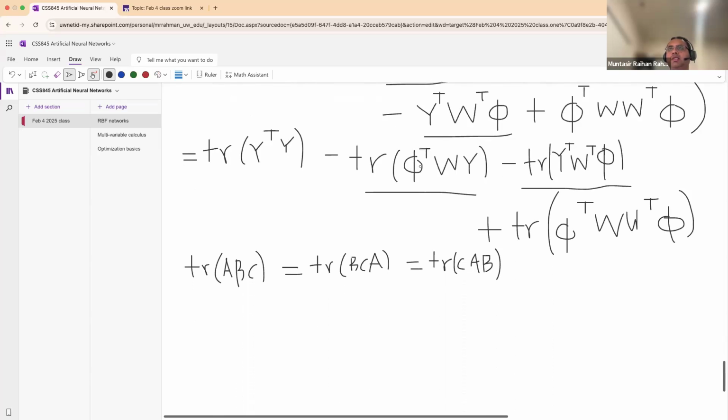So now let's look at this term, the trace of phi transpose W Y. And now if you take the trace of the transpose of a matrix A, this is going to be the same as the trace of A. Can anyone tell me why this is true?